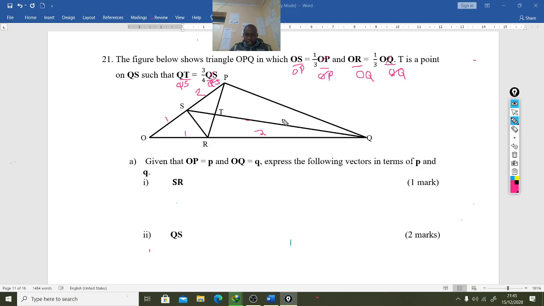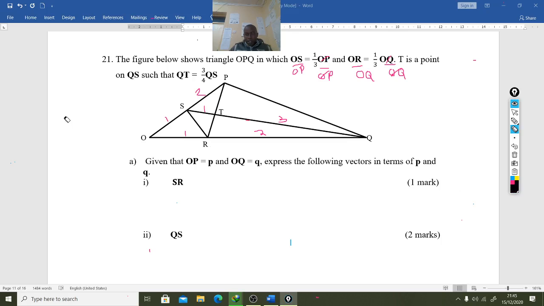Q to T is 3 and the whole line is 4, meaning this is 1. So QT to TS is 3:1. If you interpret it that way, now you'll be able to solve the questions as you are asked to work out.